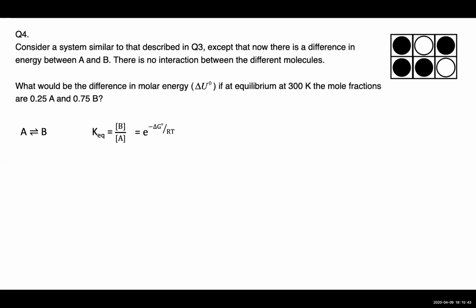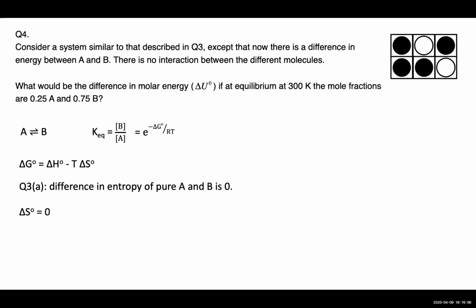We can relate the molar energy delta U to the standard free energy delta G, because we have delta G equals delta H minus T delta S. And from part A in number 3, we know that the difference in entropy going from A to B is 0, so delta S equals 0, and delta G equals delta H.